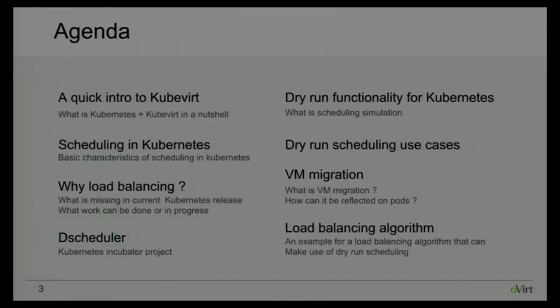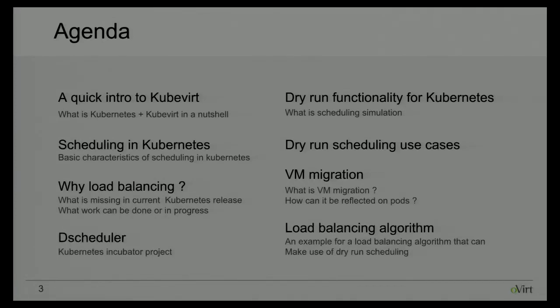So let's start. Basically, the topic today is the need for load balancing in Kubernetes. And to talk about it, we need to first go over what is Kubernetes in a nutshell, how scheduling works in Kubernetes, and then understand why do we even need load balancing.